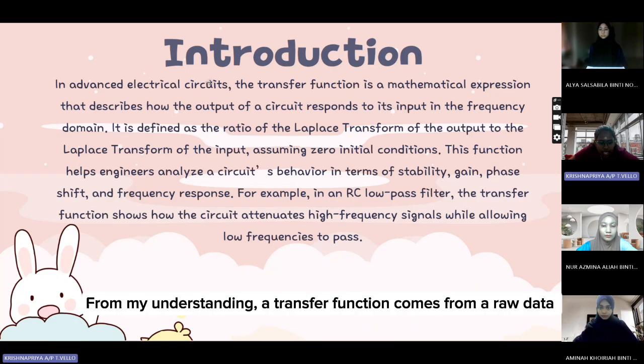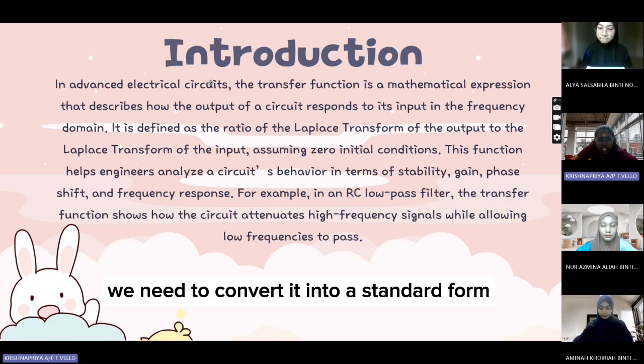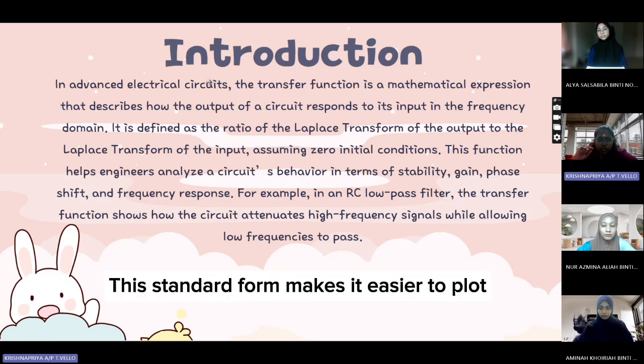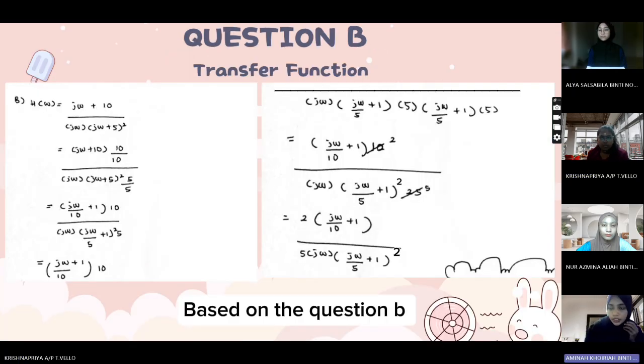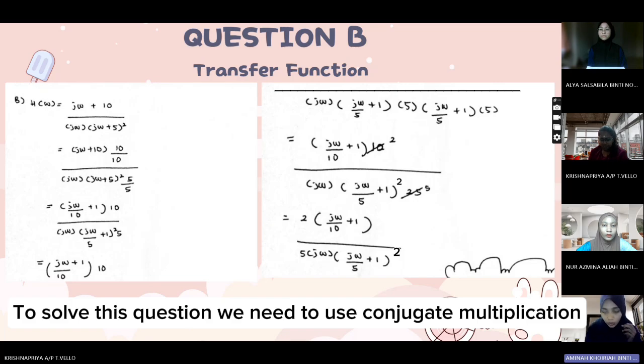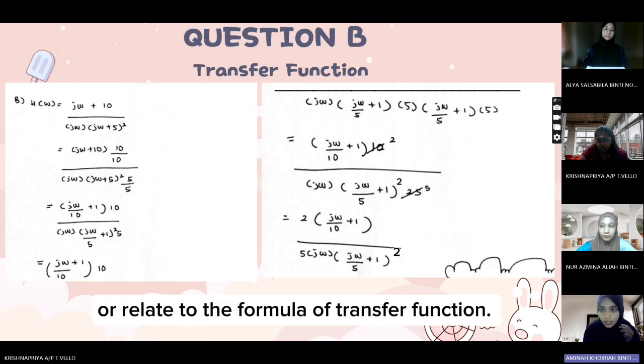For my understanding, a transfer function comes from raw data, and in order to create a Bode plot, we need to convert it into a standard form. This standard form makes it easier to plot and analyze the system frequency response. Based on question B, to solve the question, we use conjugate multiplication to cancel out the term that doesn't relate to the formula of the transfer function.